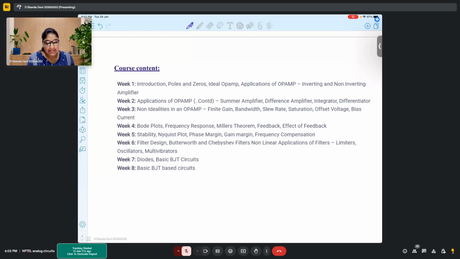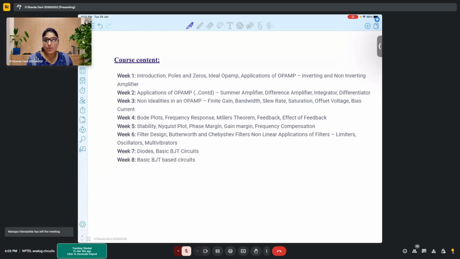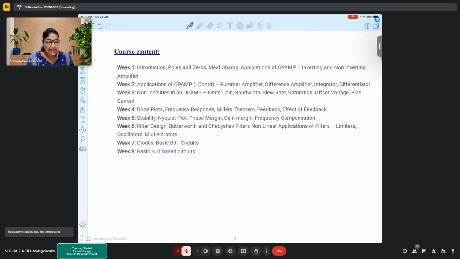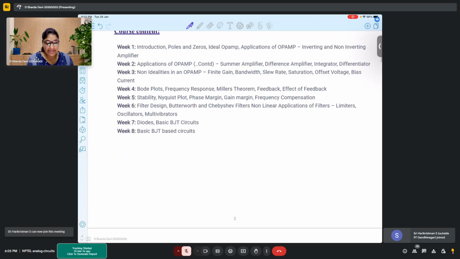To start with, in the first week, we will have an introduction on pole zero concept, ideal op-amp, applications of op-amp, etc. In week two, we will continue with the applications of op-amp like summers, difference amplifiers, integrators, differentiators, etc. In third week, we'll look into the non-idealities in the op-amp, like finite gain, bandwidth, slew rate, saturation, offset voltage, bias current, etc. In fourth week, we'll look into Bode plots, frequency response, Miller's theorem, feedback, and effects of feedback.